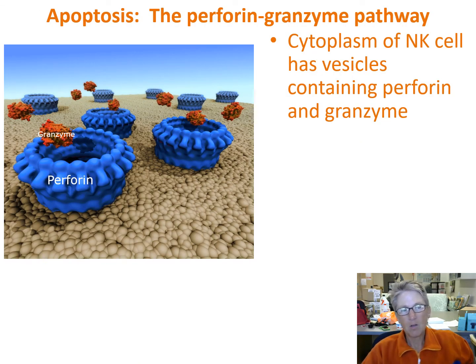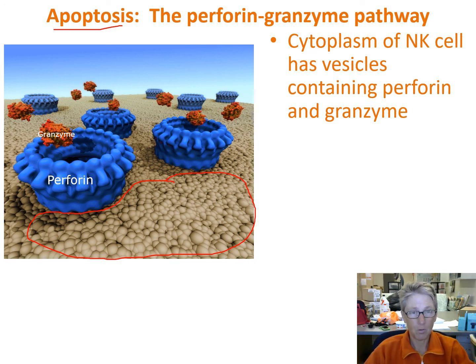Another way to kill is through this apoptotic pathway using perforins and granzymes. This could be the surface of one of your cells that's infected, or it could be the surface of a bacterial cell. Specifically for the innate immune system, these natural killer cells, or NK cells, have vesicles containing this blue thing called perforin.